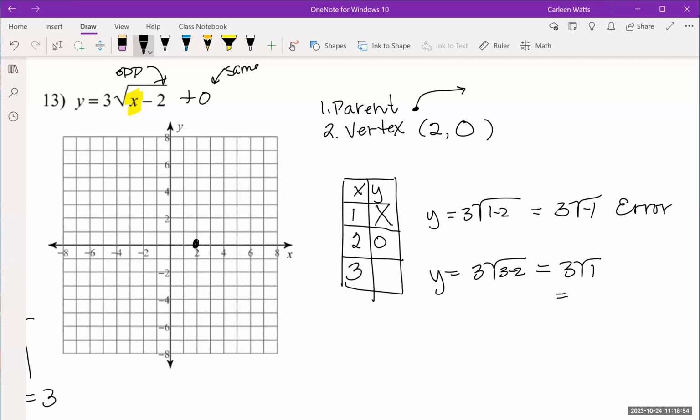Square root of 1 is 1, which is 3 times 1 is 3. So 3 is 1, 2, 3. This is a very tall square root function.